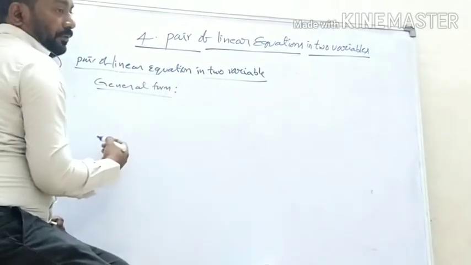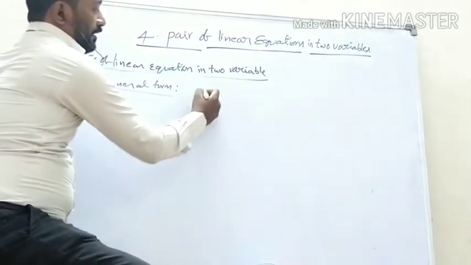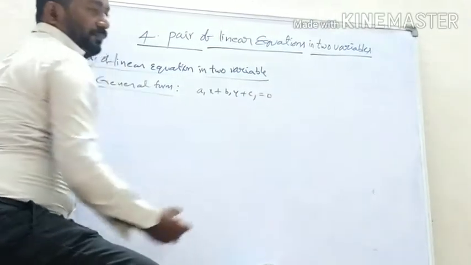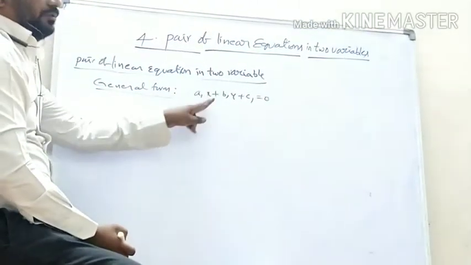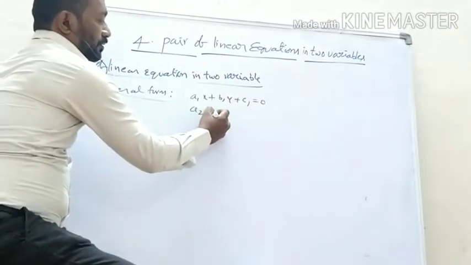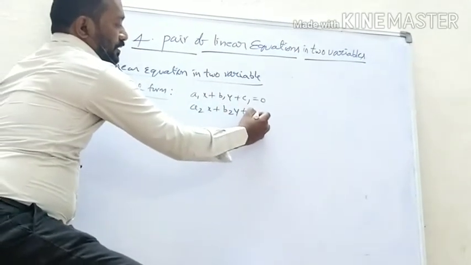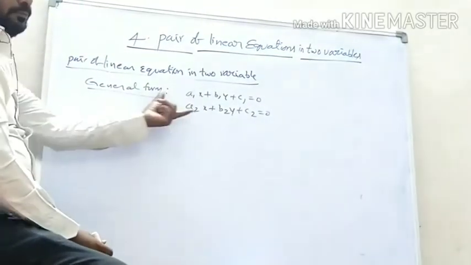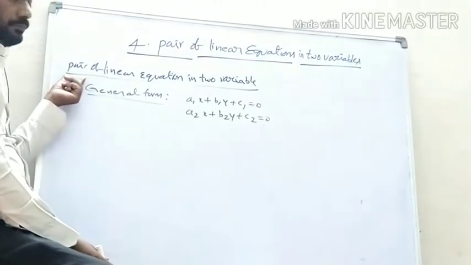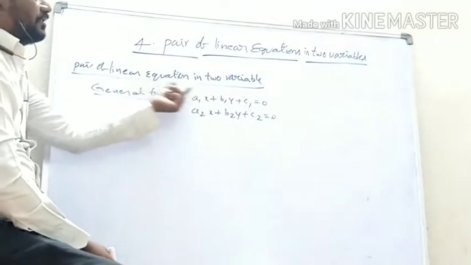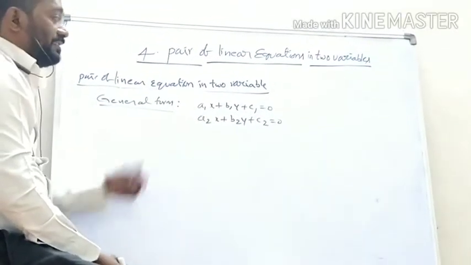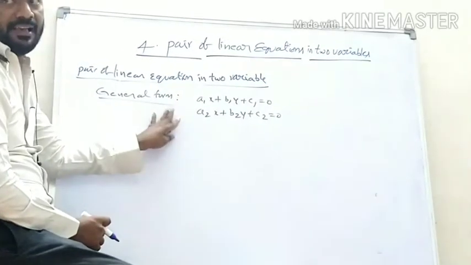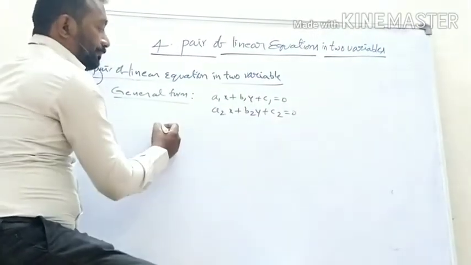A1x plus b1y plus c1 is equal to 0 is the first linear equation, and a2x plus b2y plus c2 is equal to 0 is the second. Both equations together are called a pair of linear equations in two variables, and otherwise we can also call it a system of linear equations.